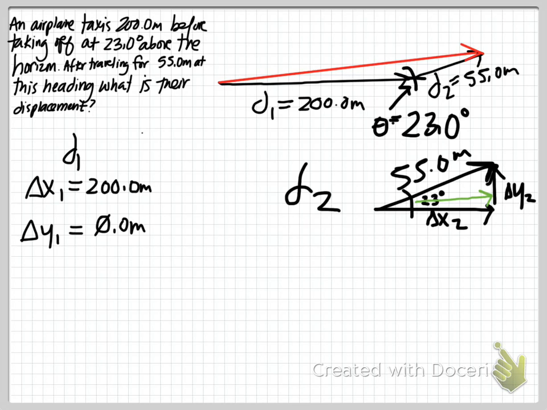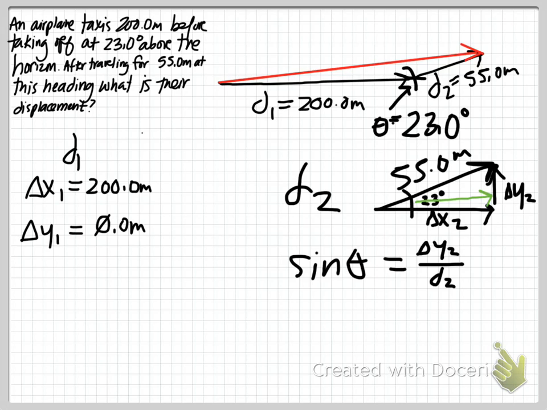So I know that the sine of theta is equal to the opposite, which is delta y2, over D2. Writing, Moser, geez Louise. Sine of theta is equal to delta y2 over D2.